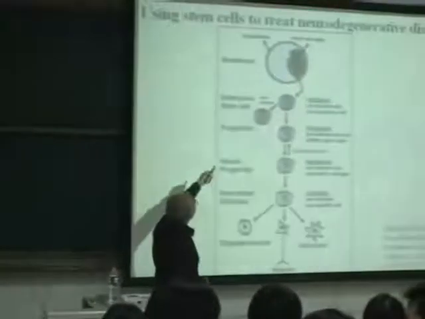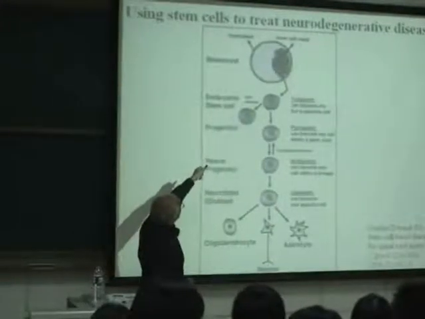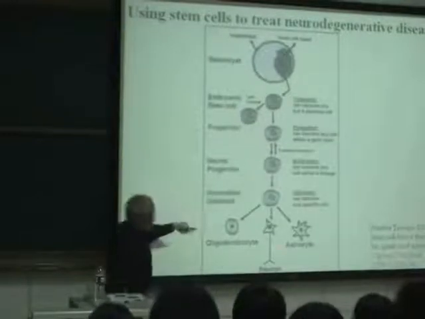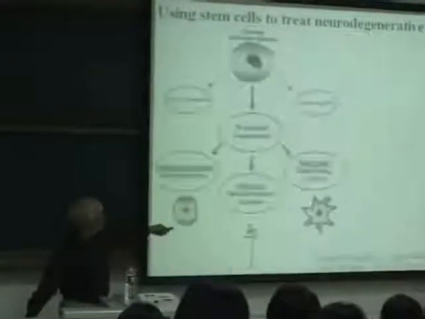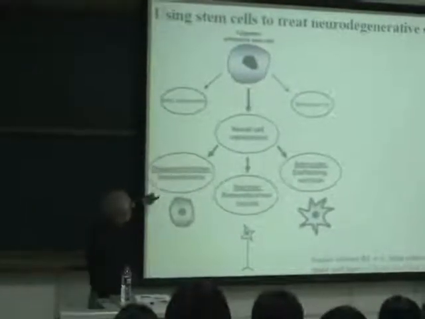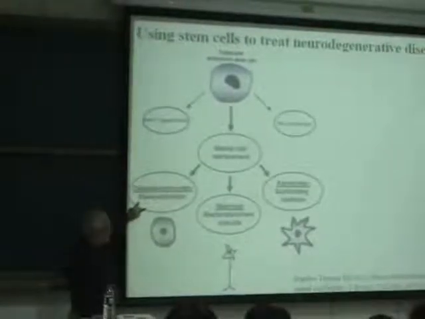You can take a blastocyst, so a fertilized egg that's developed into a blastocyst, you can isolate cells from this. I'm not going to go through the whole slide, but at the end of the day, from these stem cells, you can develop oligodendrocytes that will lead to remyelination of nerve cells.